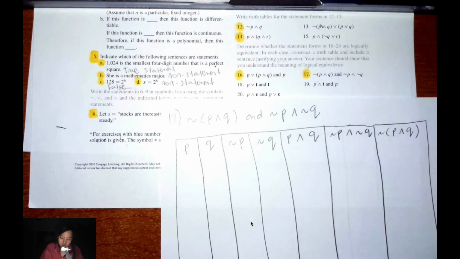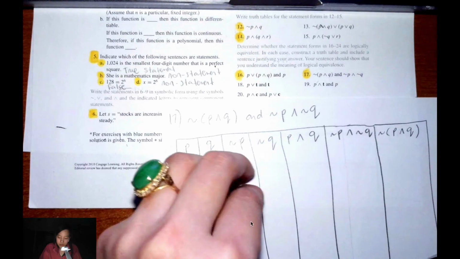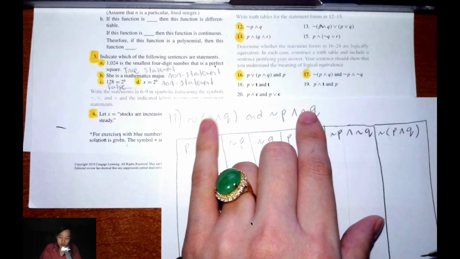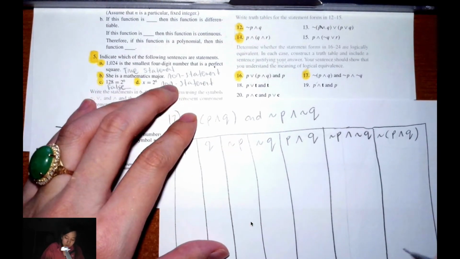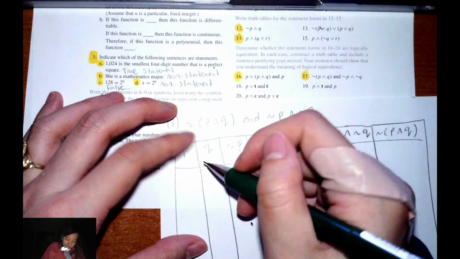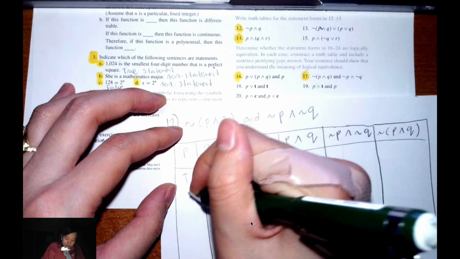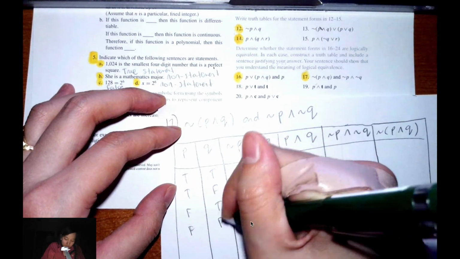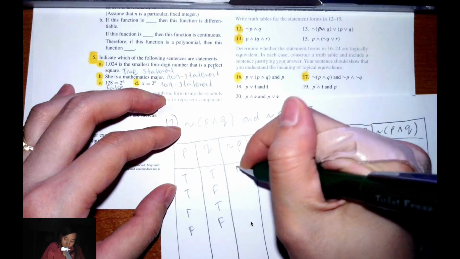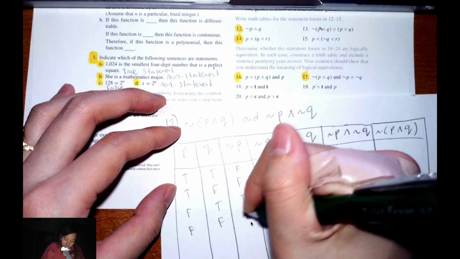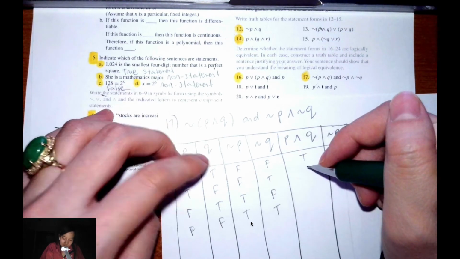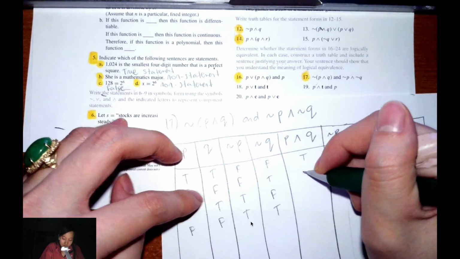Okay, so as you can see, as we write our columns, we get closer and closer to the two of these statement forms. Since there's two variables, P is true, true, false, false and Q is true, false, true, false. P and Q is true, false, false, false.